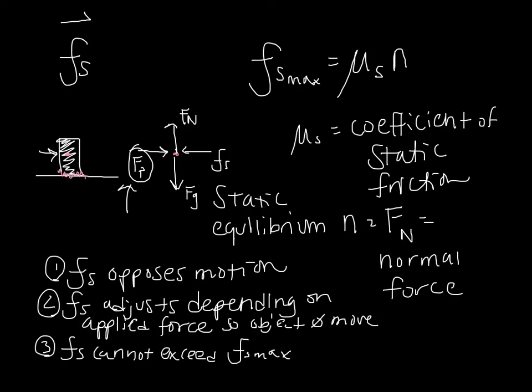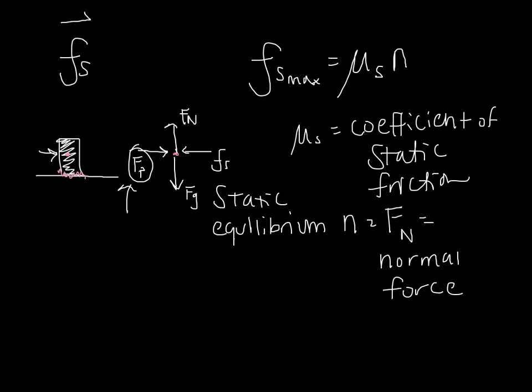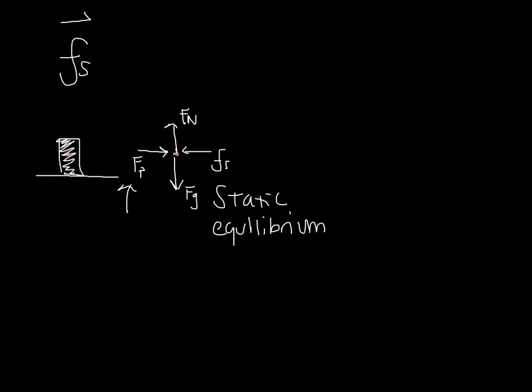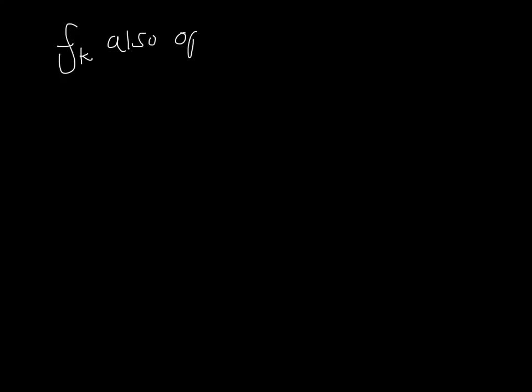We're going to move on to kinetic friction, and surprisingly, it's a little bit easier than static friction. So with kinetic friction, it is when an object is moving. And this also opposes motion.